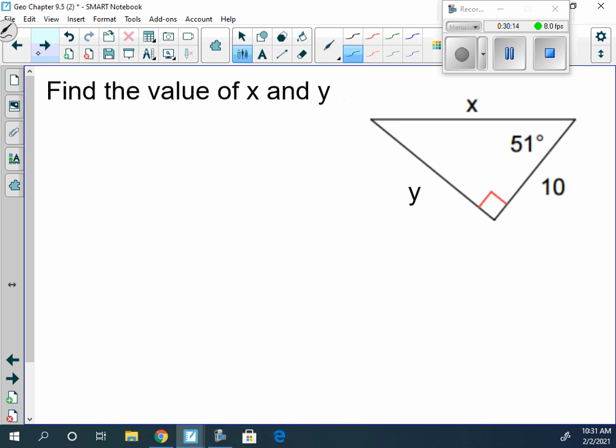So again, they didn't give us the hypotenuse, because the hypotenuse for this one is what? X. So we do sine and cosine. So we can look at sine of 51 degrees. And sine of 51 degrees is going to be what over what? Opposite over the hypotenuse. So the opposite side is farthest away, and the farthest side away from 51 is y.